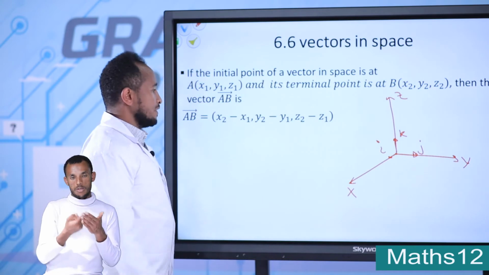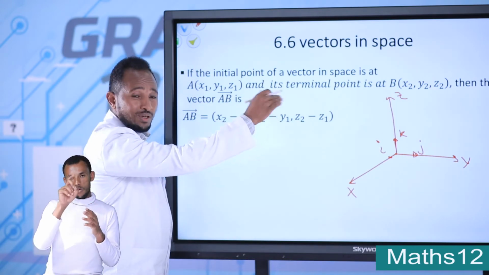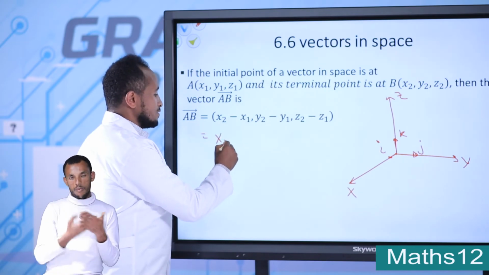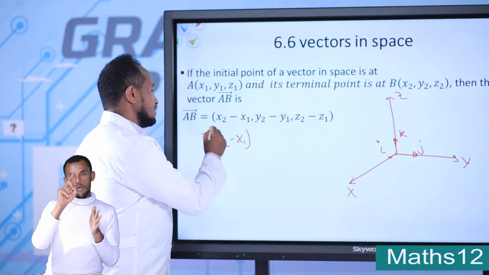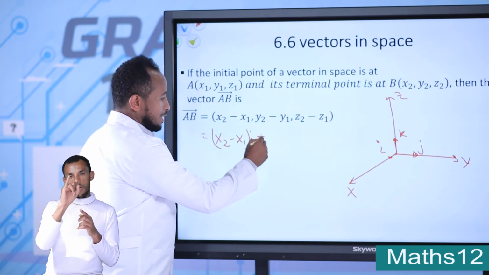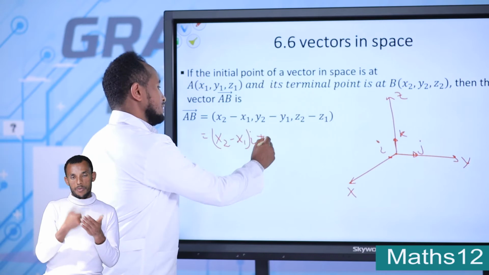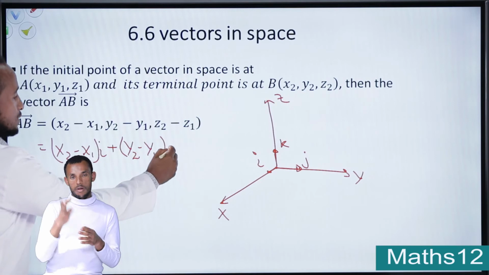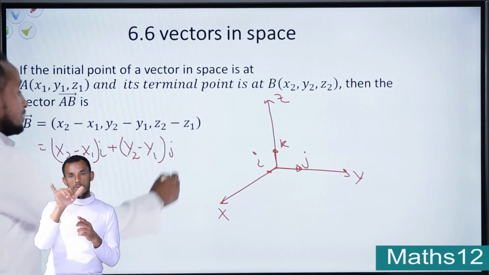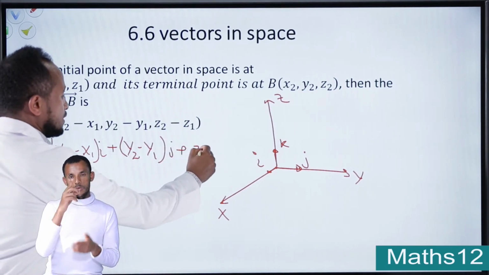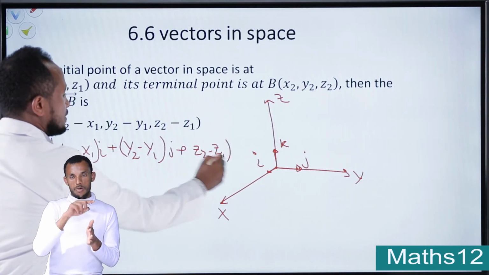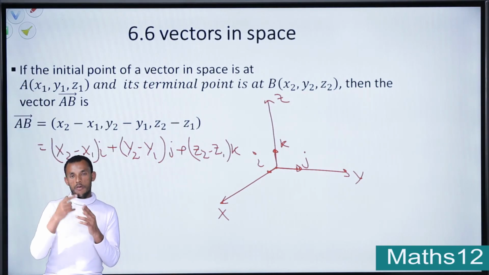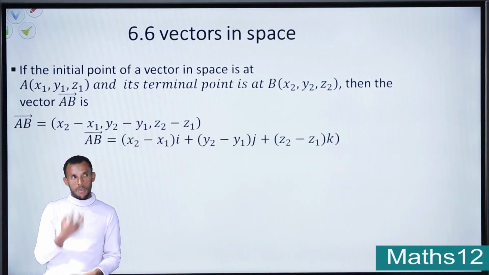Using these unit vectors, x2 minus x1 is along the x direction, so I can write it as (x2 minus x1) in the direction of i, plus (y2 minus y1) in the direction of j, plus (z2 minus z1) in the direction of k. So we can write the vector in this form.